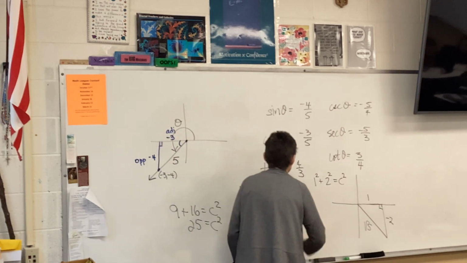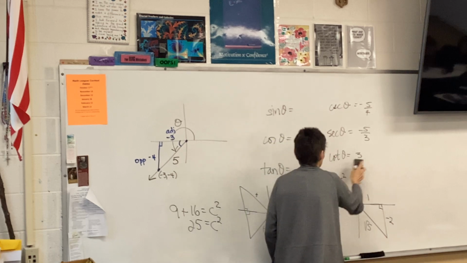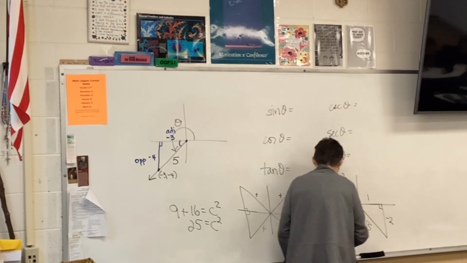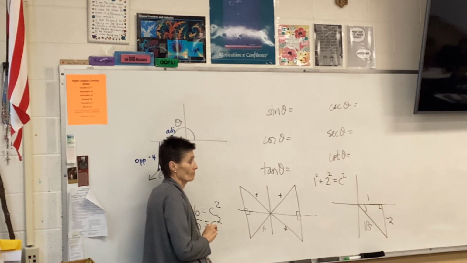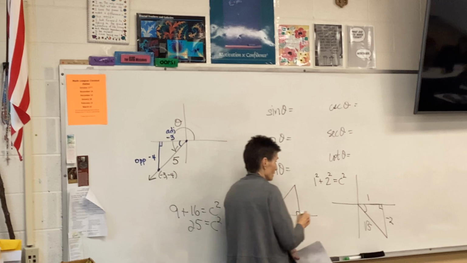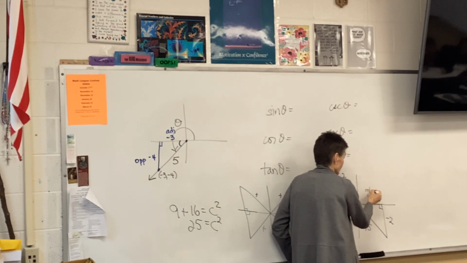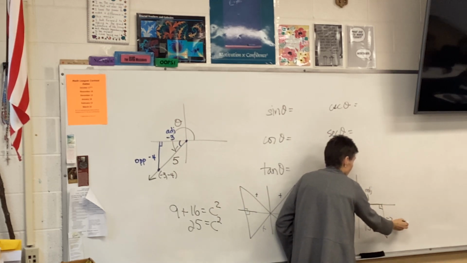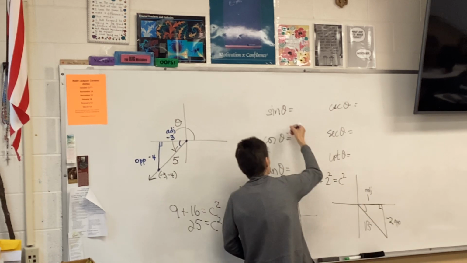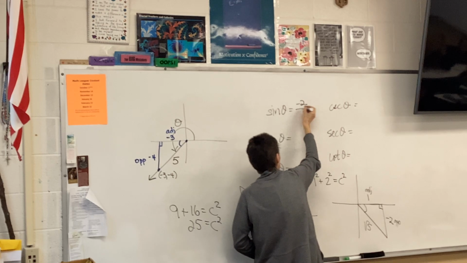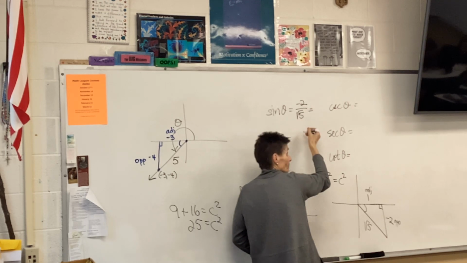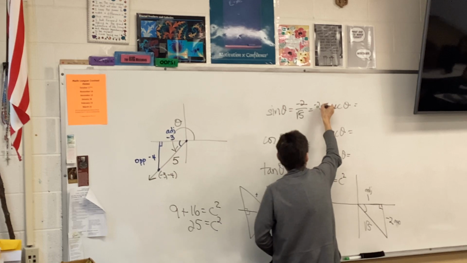Okay, here we go. Remember, your angle is always the one at the origin. So isn't this adjacent and opposite? So what's my sine? Opposite over hypotenuse. -2 root 5 over 5.